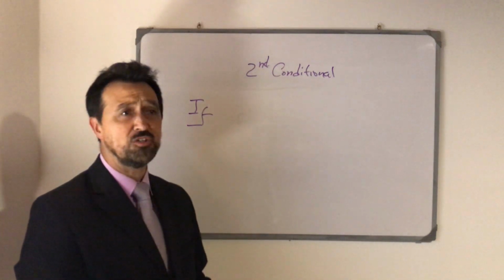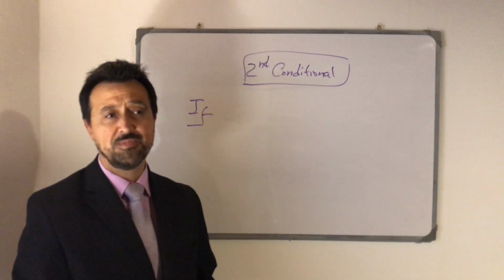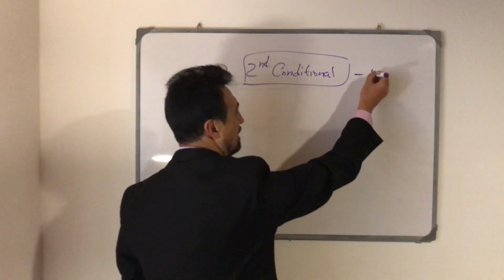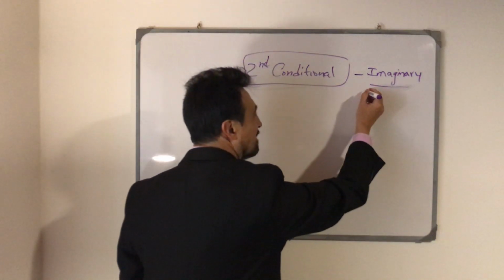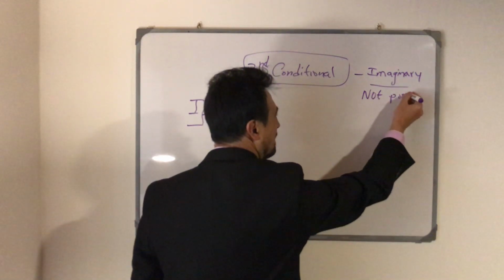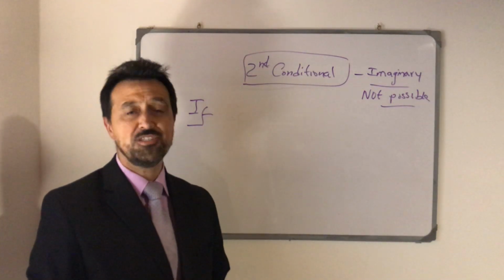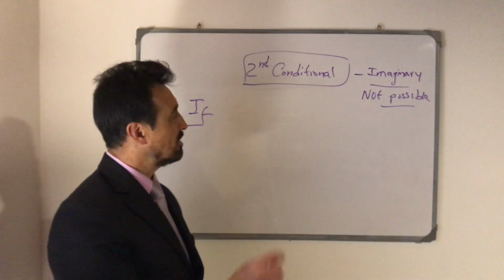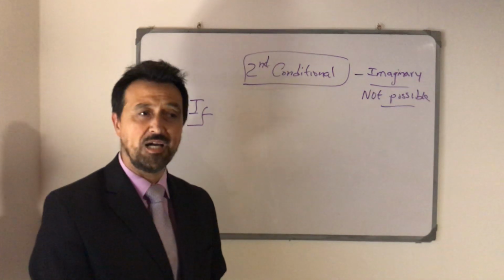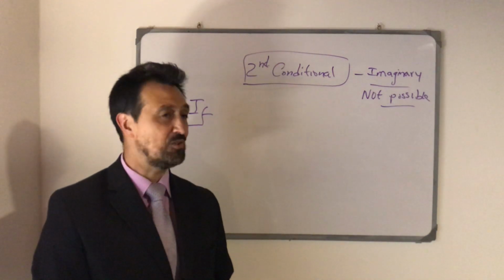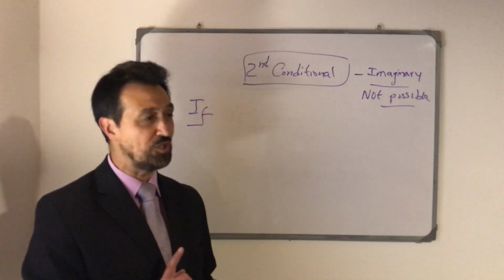But we have to know the meaning and the intention of the second conditional. The second conditional is an imaginary situation, where it is not possible for the action to happen. It's complicated, not easy to happen. Given that it is imaginary in the present or in the future, the action is not probable. The action is complicated to happen. This is the difference from the first conditional.